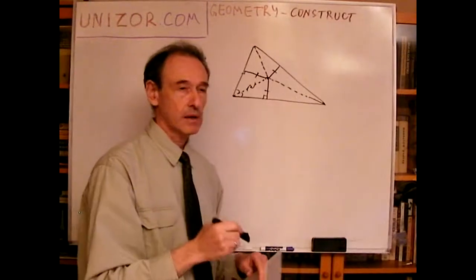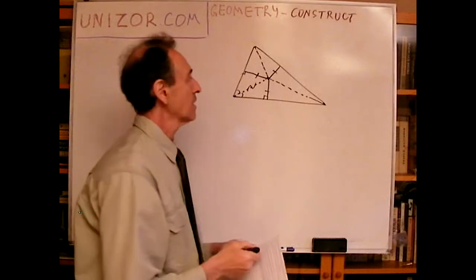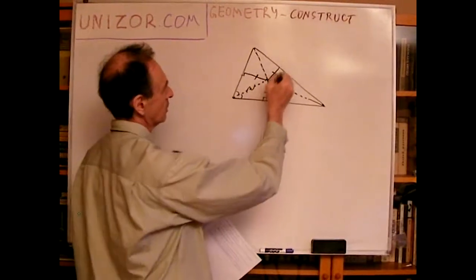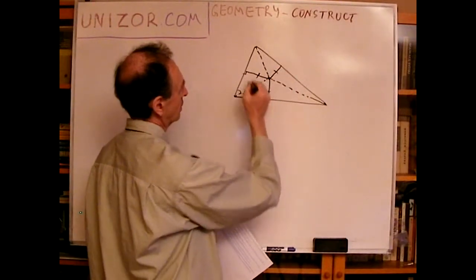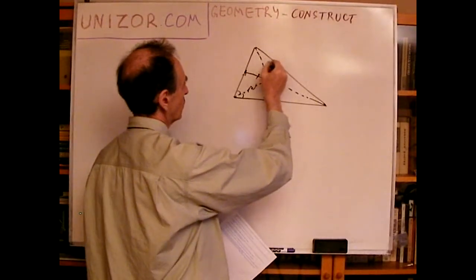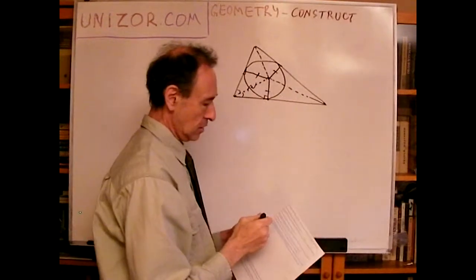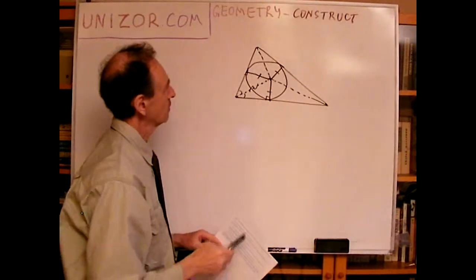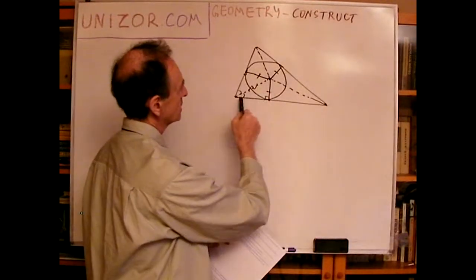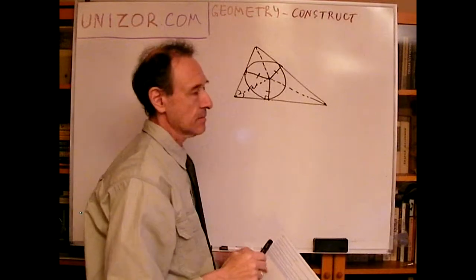And by the way, again, there is a circle involved here. If you use this particular segment as a radius, then you can inscribe a circle into the triangle. So the circle is actually tangent to all three sides.